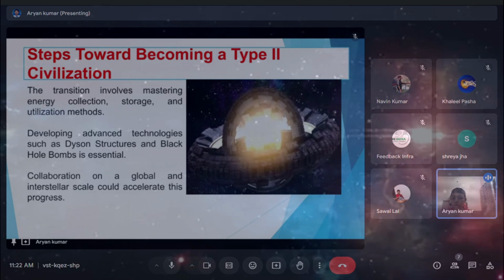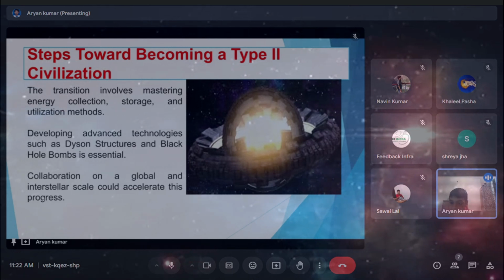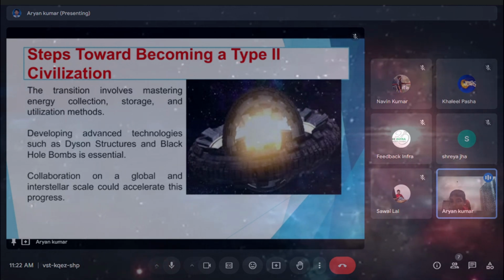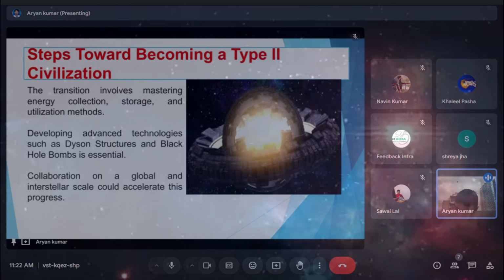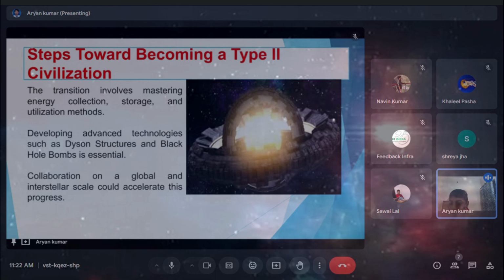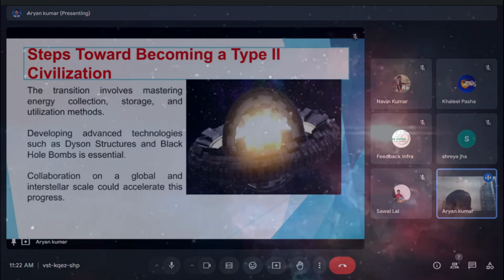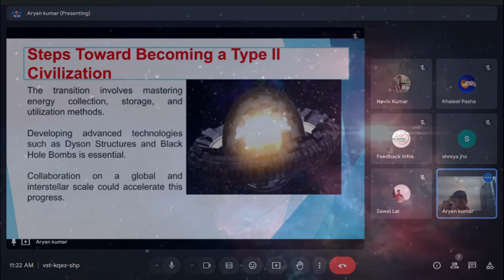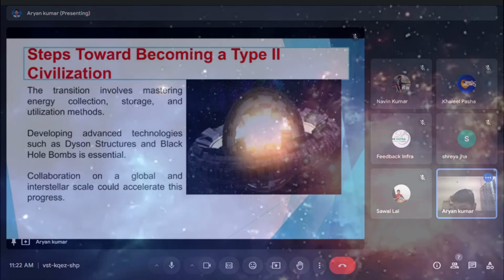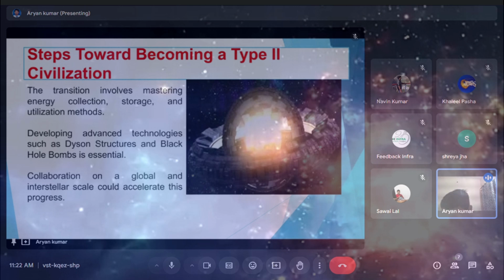Steps towards becoming a type 2 civilization. The transition involves mastering energy collection, storage and utilization methods. Developing advanced technologies such as Dyson spheres and black hole bombs is essential. Collaborations on a global and interstellar scale could accelerate this process.